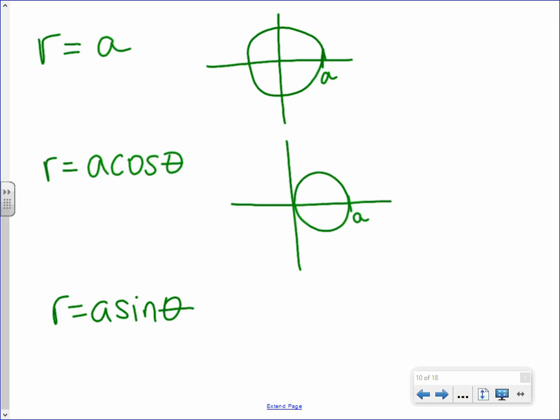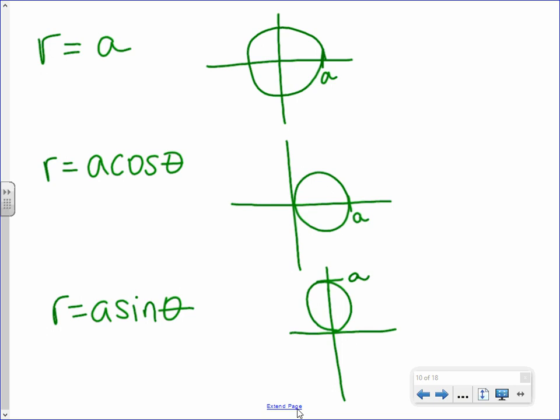If we change the cosine to sine, we're now talking about a circle with diameter a, either above or below the pole. I want you to be able to recognize these two different kinds of equations, not only for graphing purposes, but if you have to convert and you already know what it is, it'll help you a little bit.